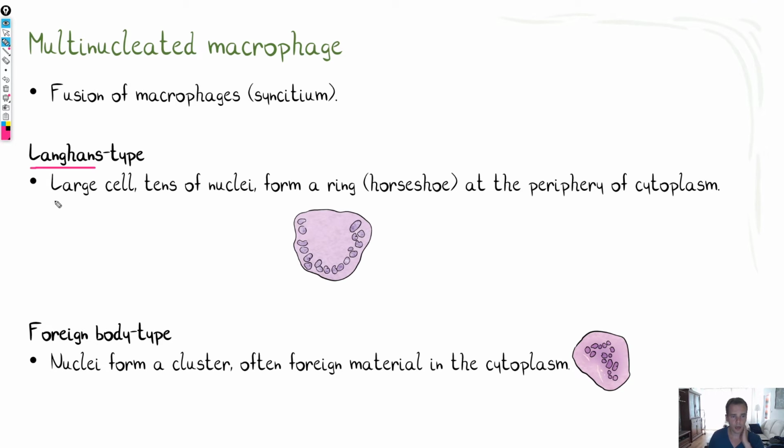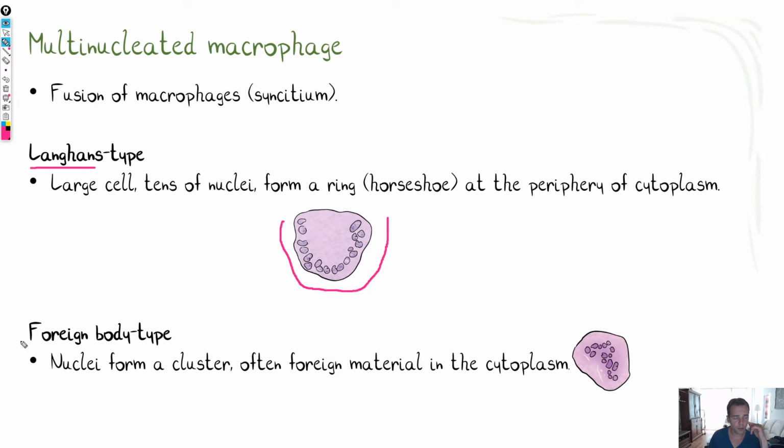The cell is large, there are tens of nuclei, and they typically form a ring or something that looks like a horseshoe at the periphery of the cytoplasm. So this is the type of the multinucleated cell that's usually found in immune-mediated granulomas. This is the type of cell that you will find in tuberculosis, for example.